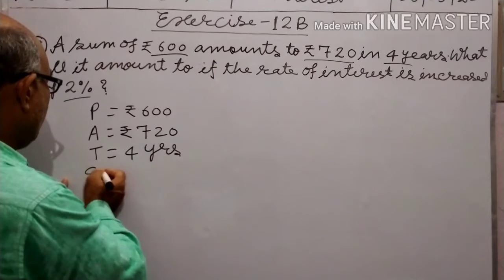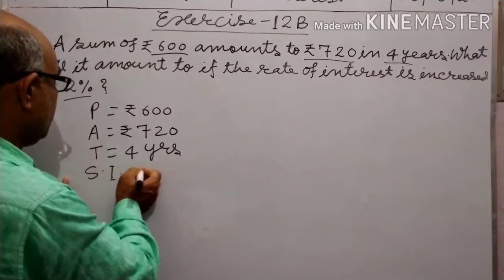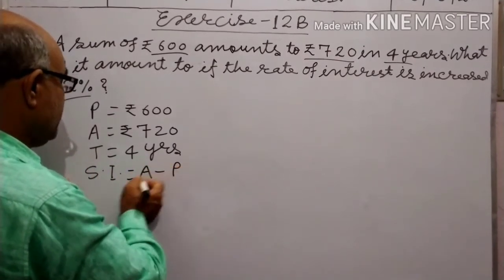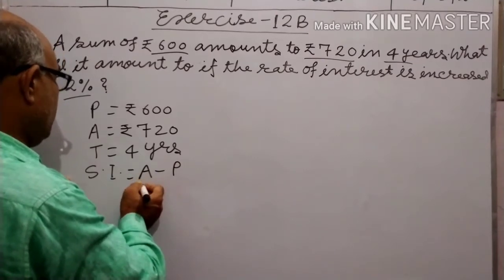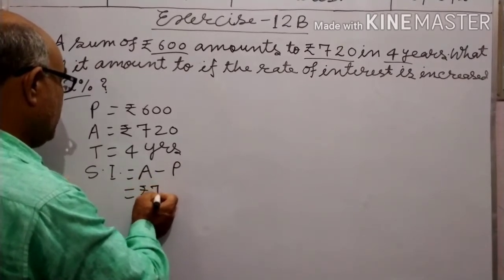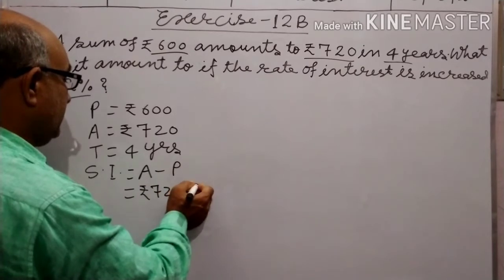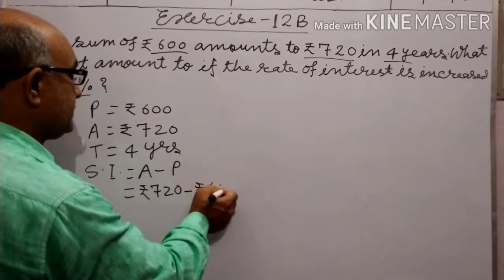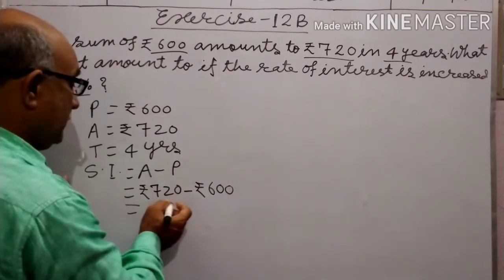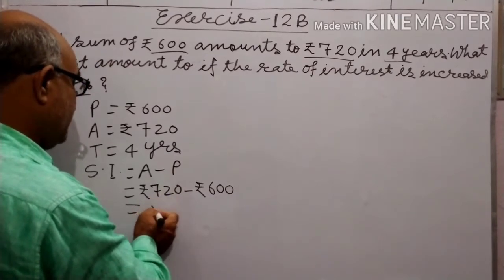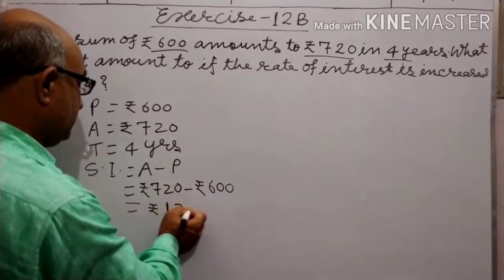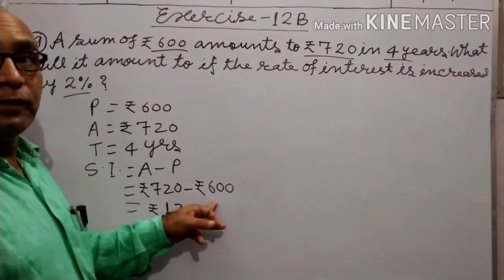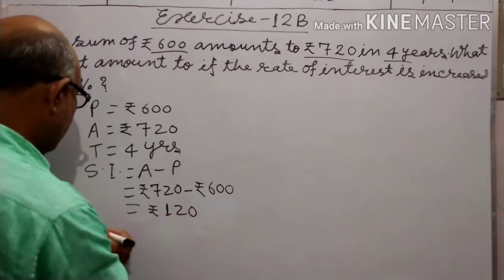So first of all find SI equal to A minus P equal to rupees 720 minus rupees 600 equal to rupees 120.